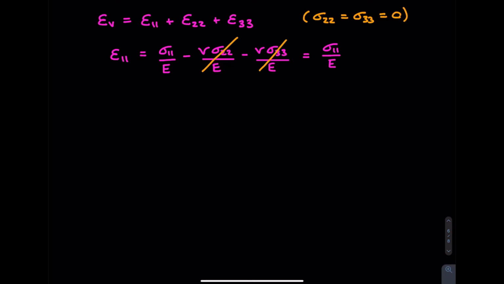And what we can do is we can come down here and say, all right, well, the strain in the 2,2 direction is going to be negative V sigma 1,1 divided by E, plus sigma 2,2 divided by E, and then minus Poisson's ratio times sigma 3,3 divided by E. So I hope that you guys kind of see the pattern with these equations.